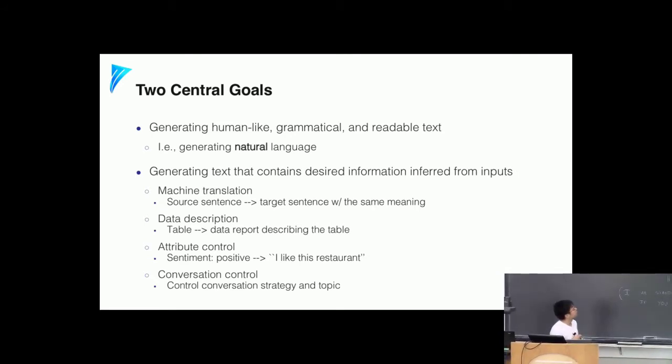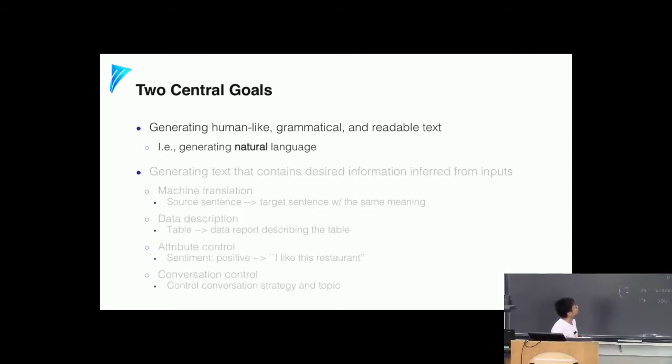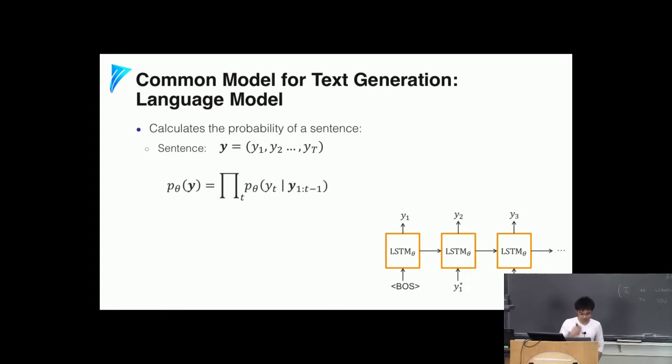So in this lecture, we will see different algorithms and methods that have been invented to achieve each of these two goals. First, as we know, a common model for text generation is the language model. In a language model, we calculate the probability of a sentence like this.